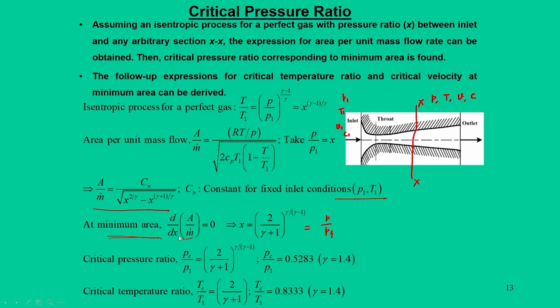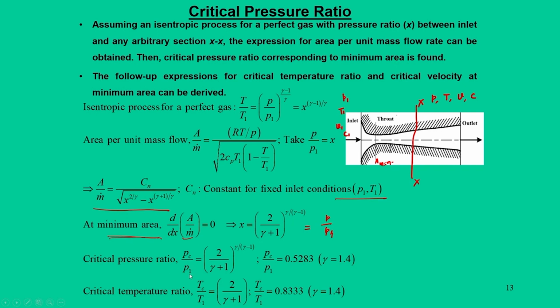This is the condition for minimum area, which means we will have a maximum flow rate, which we will come back to later. The minimum area means the throat, and at these conditions the values are defined with critical parameters. So, we can find out the critical pressure ratio as Pc by P1.